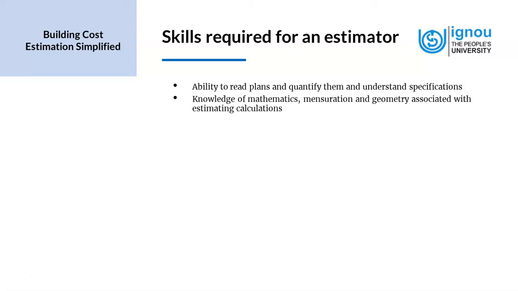So it is important for an estimator to understand what each scale represents, what is the difference in scales, and how it can affect the quantity that we take. Sometimes drawings may not be to scale, and in those cases, the estimator has to keep an eye out for what the scale is as specified in the drawing sheet.